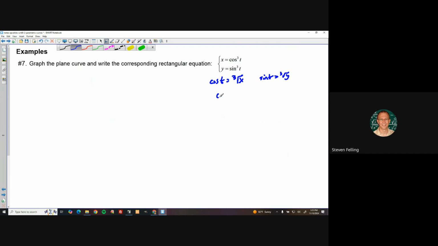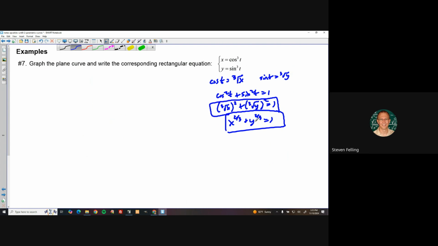And then I could use the idea that cosine squared plus sine squared has to be 1. That's the Pythagorean identity. So I would have the cube root of x squared plus the cube root of y squared has to equal 1, which just tells me x to the 2/3 power plus y to the 2/3 power equals 1. So this is the rectangular form.